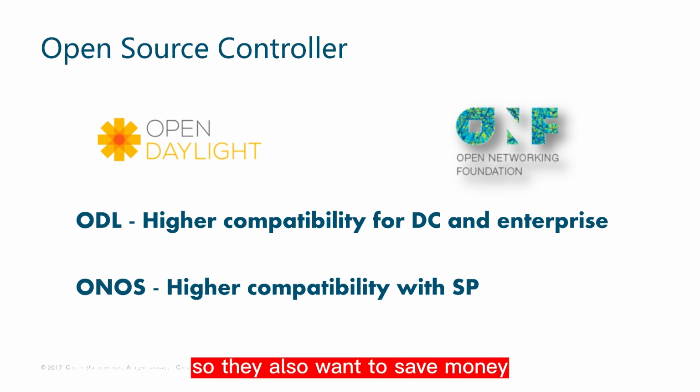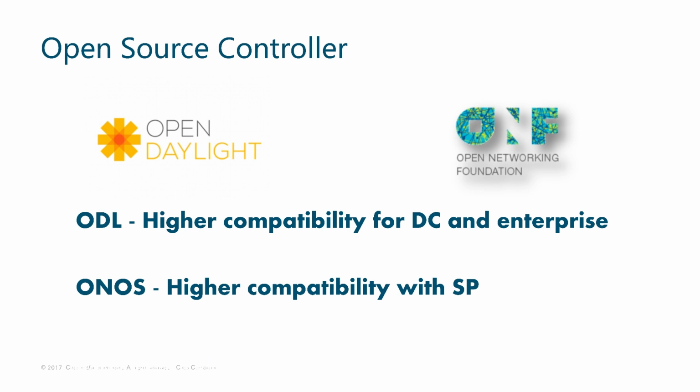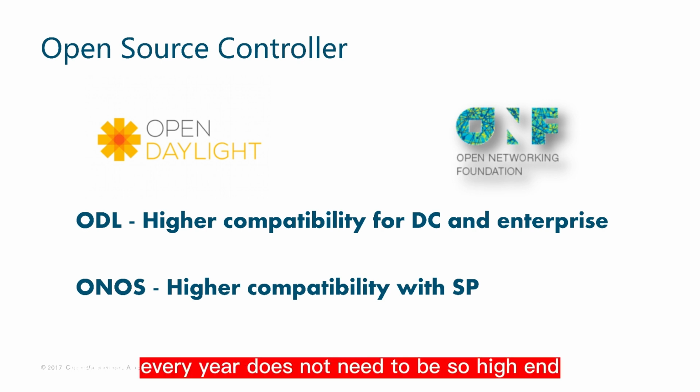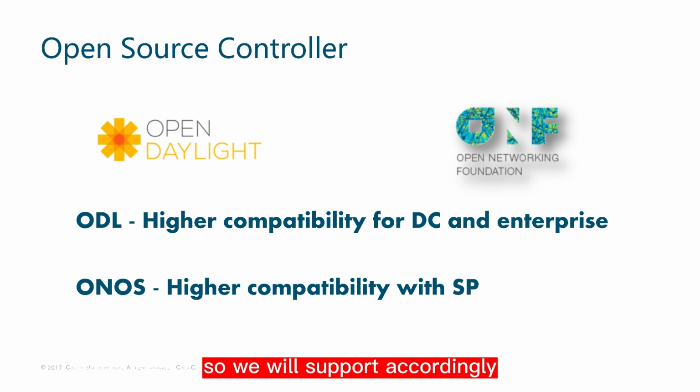So they also want to save money. To put it bluntly, the operator hopes to save money. If so, the equipment they buy every year does not need to be so high-end. This saves a considerable amount of money. So they will support it accordingly.